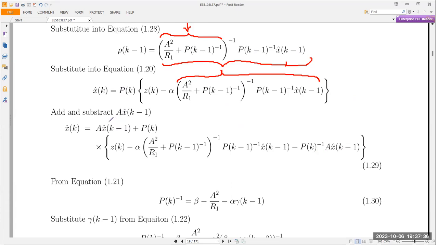You see this one, add and subtract. This means this is added here. And this is subtracted here. Okay. There's a p minus 1 here because there's a p here. So if you multiply, it's gone. So you really add and subtract axk minus 1.